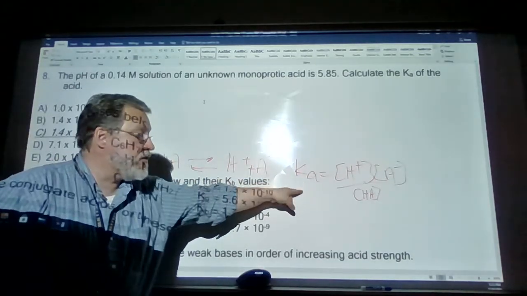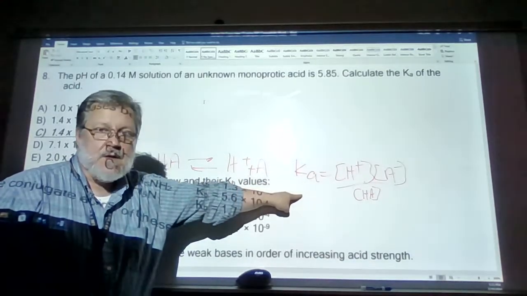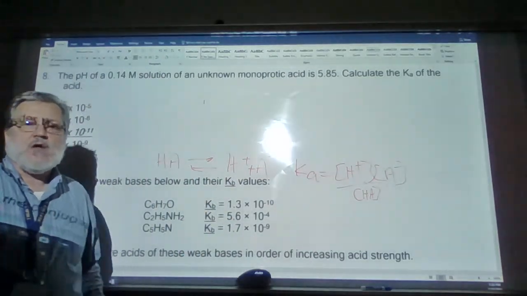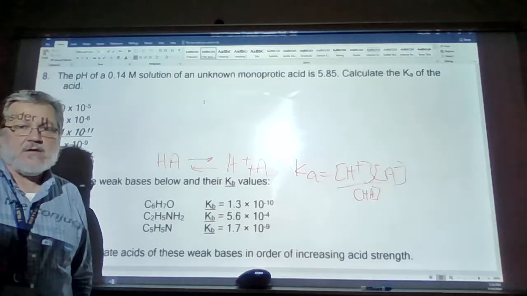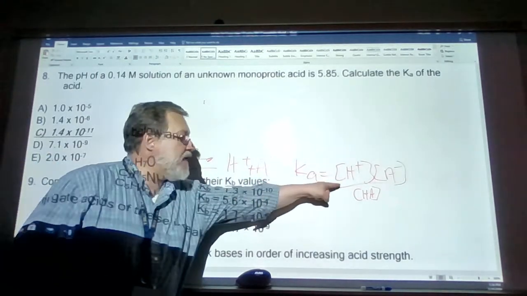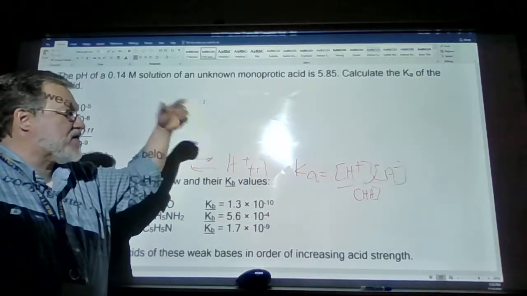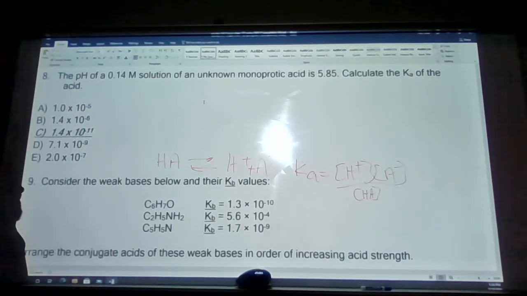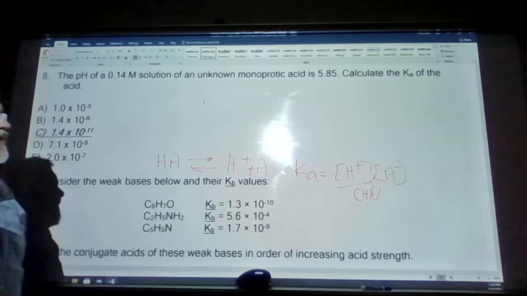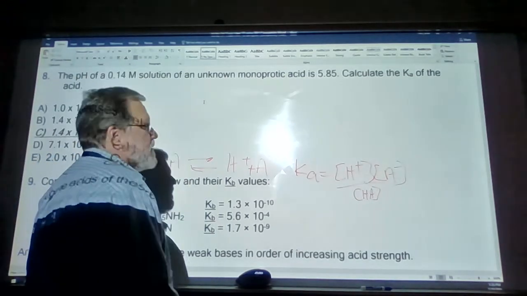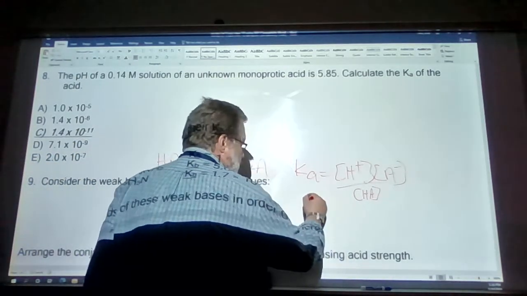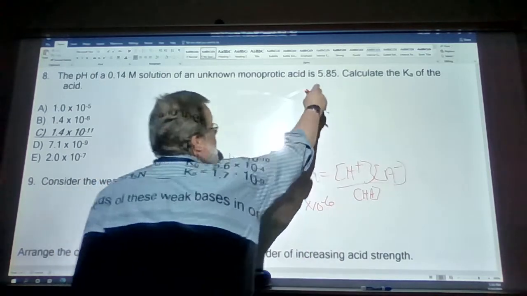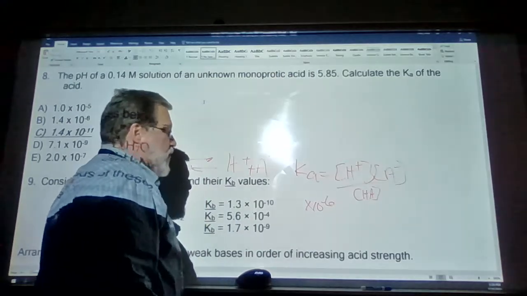This is an equilibrium expression. H plus is related to pH. pH is the amount of hydrogen ion concentration at equilibrium. So if we do the inverse log operation of 5.85, we get something times 10 to the minus 6th.